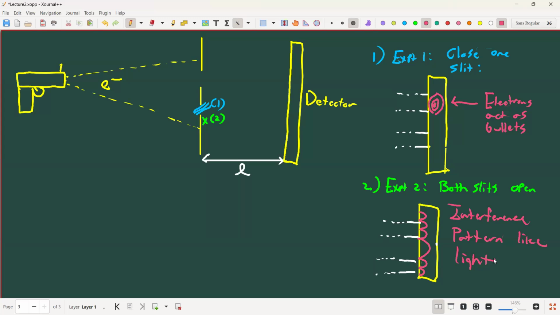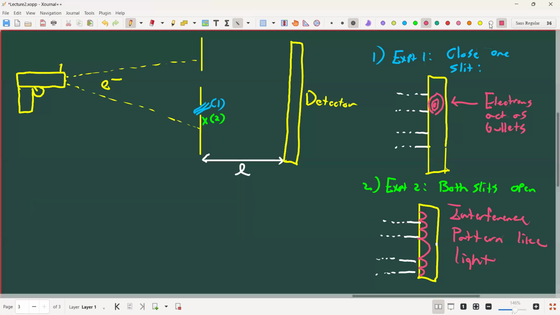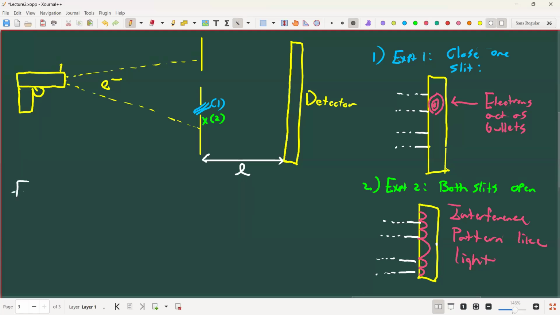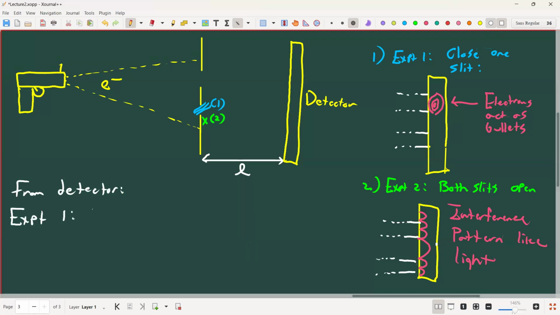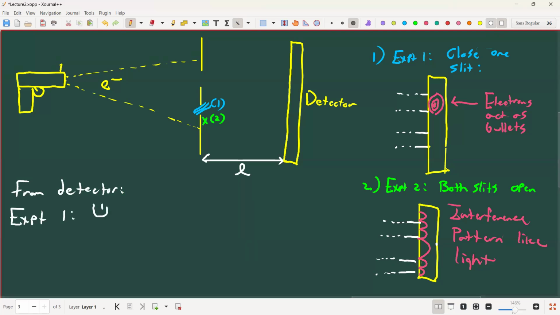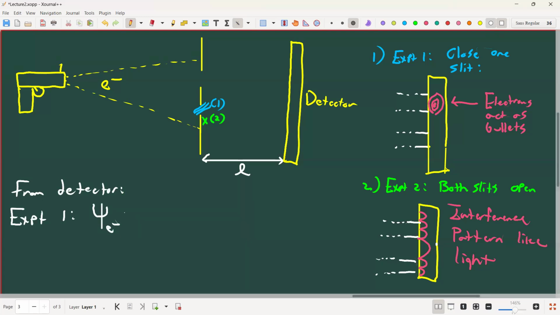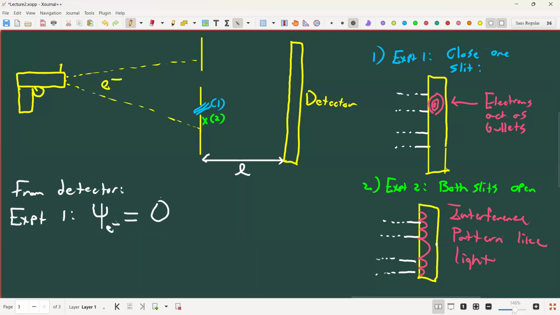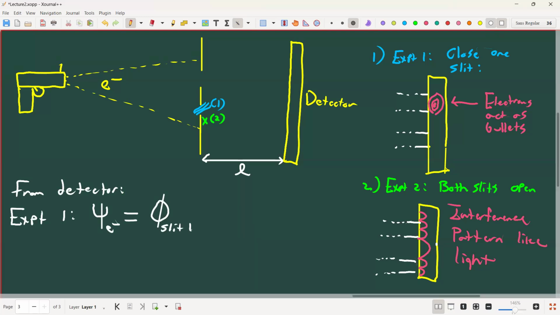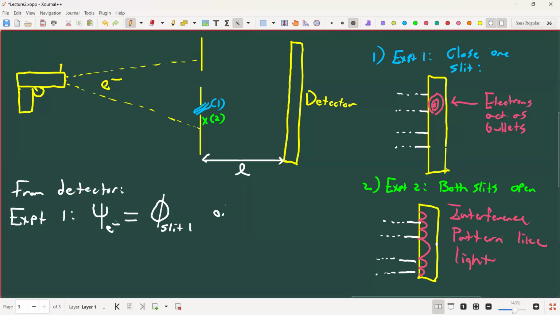So what this tells us is that from this perspective, from the detector, experiment 1 says that the wave function for our electron is phi of slit 1 or phi of slit 2, depending on which one you choose.